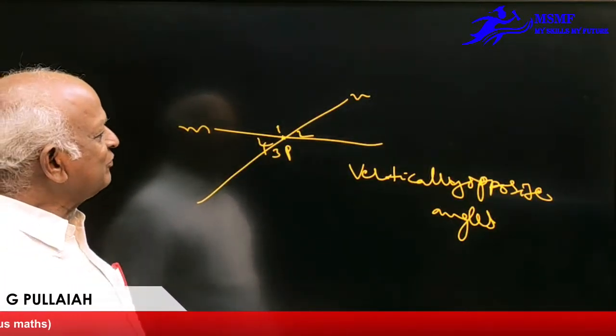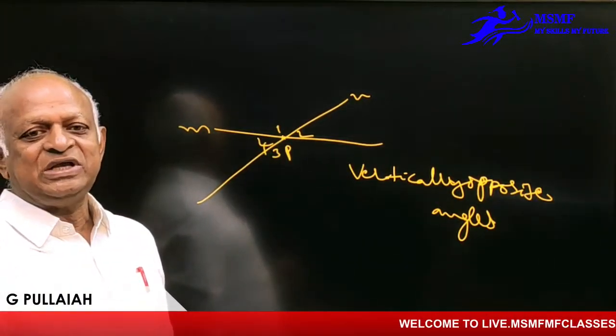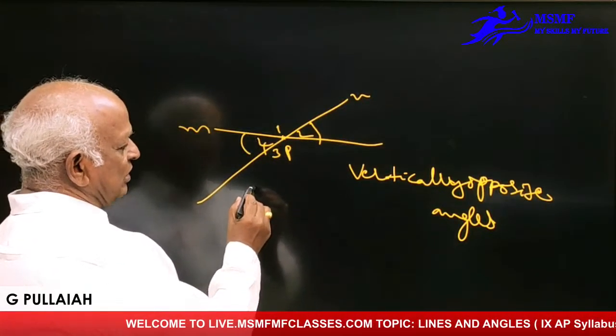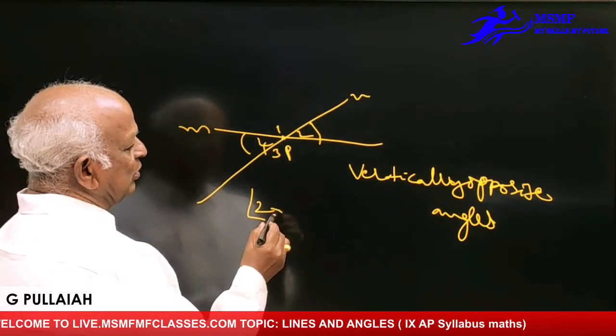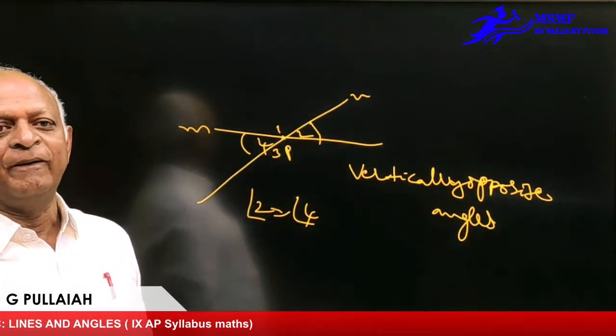And remember very carefully, vertically opposite angles are always equal. So we can say angle 2 is equal to angle 4.